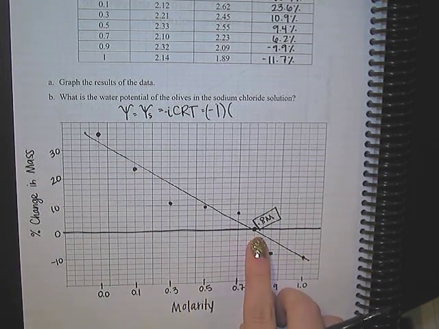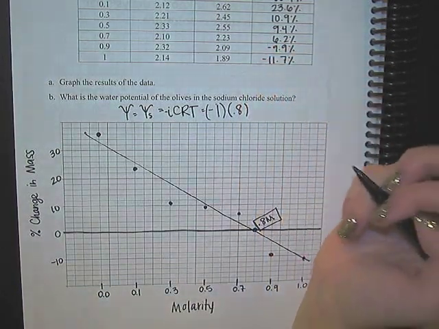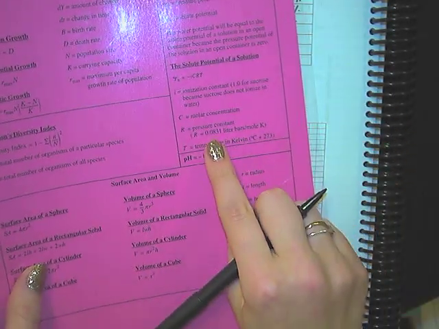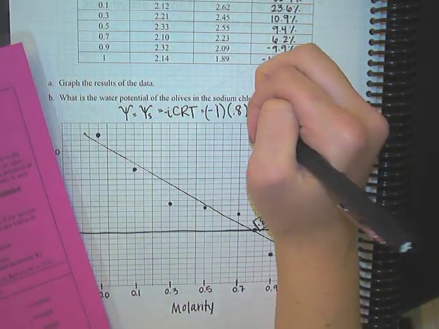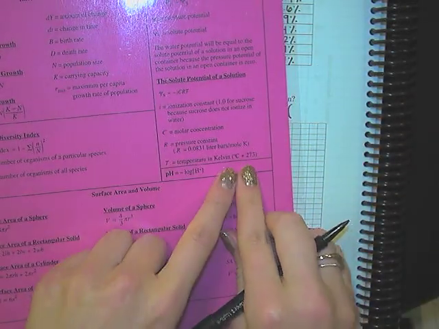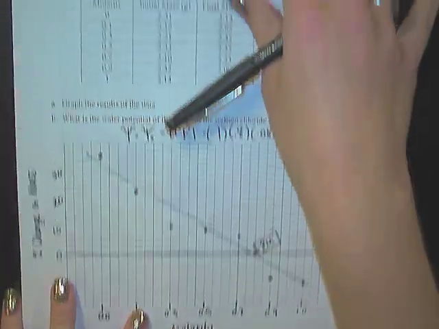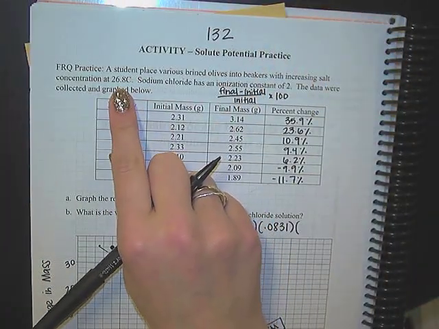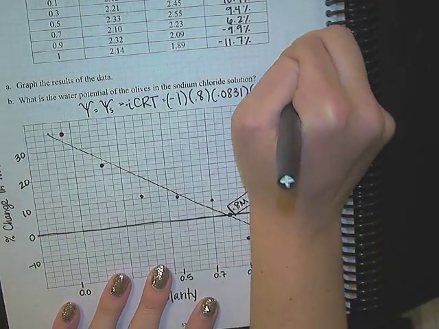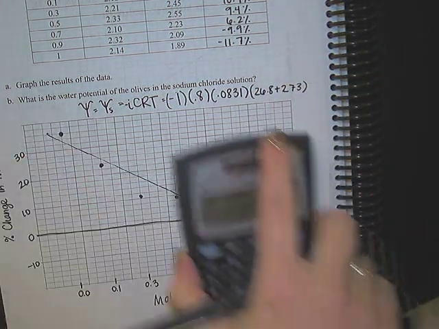Your line might be a little bit different, but as long as you've marked it, we can check your calculations and know that you've done it correctly. My R, according to my chart, is 0.0831. And the temperature is the degrees Celsius plus 273. The degrees Celsius in this problem is 26.8. So I'm going to plug that in: 26.8 plus 273.